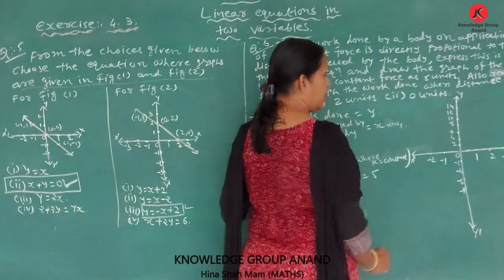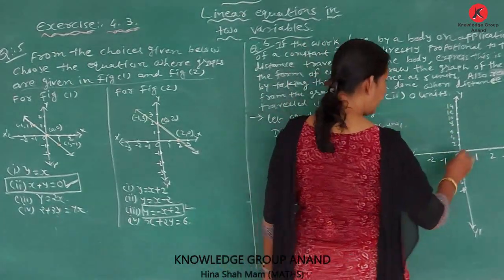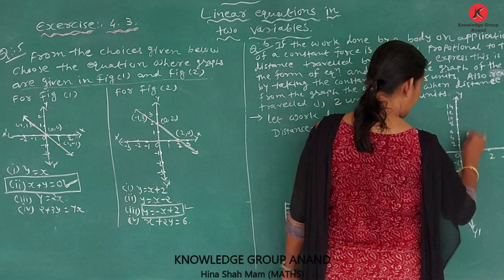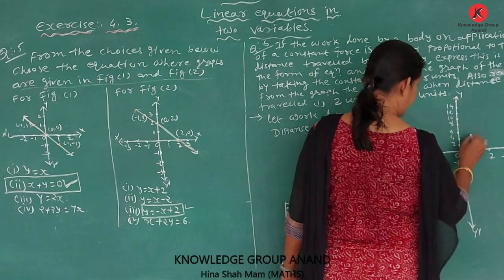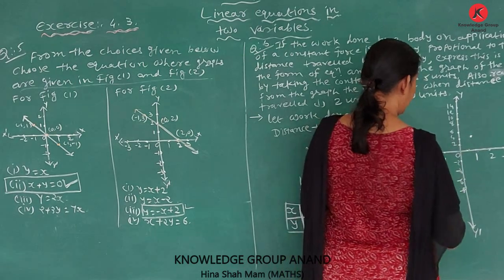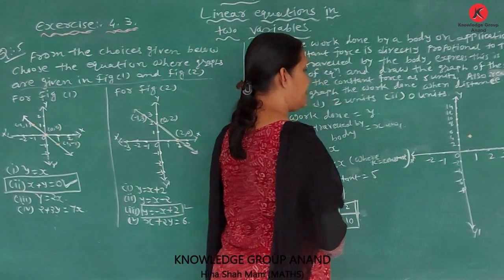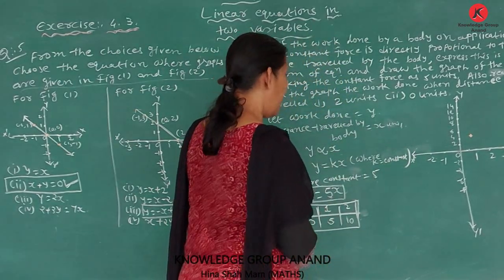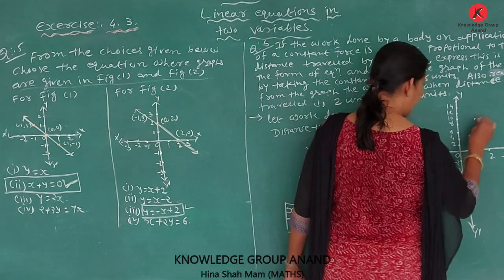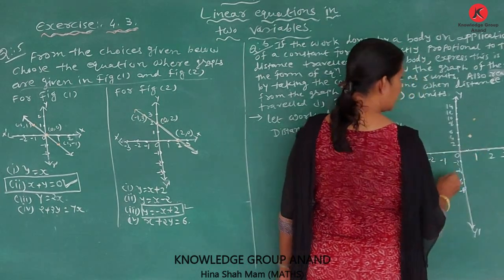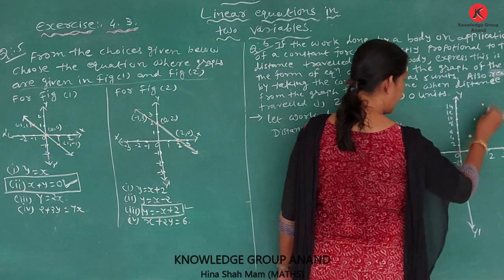Here the point 0, 0. Then 1, 5; 1 is taken as 5 here. This point is here. 2 is 10. Then 0, 0. 3 is 15, since 3 fives are 15.